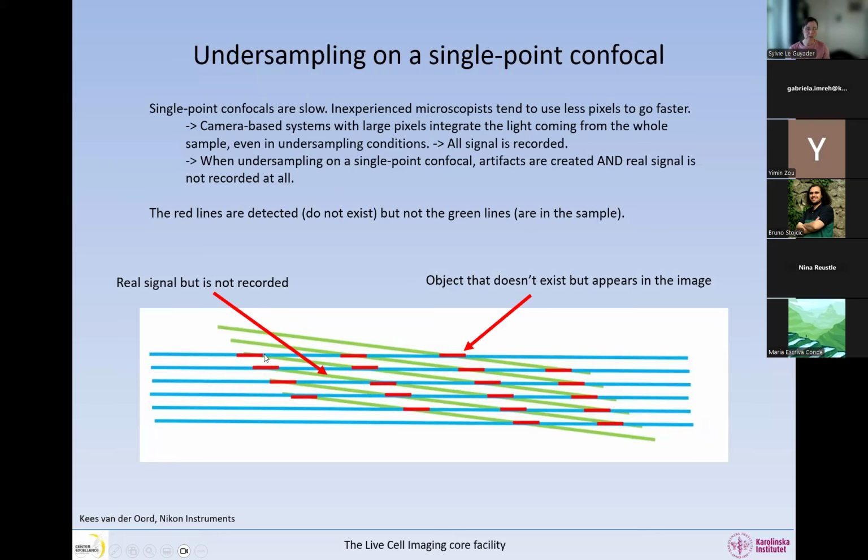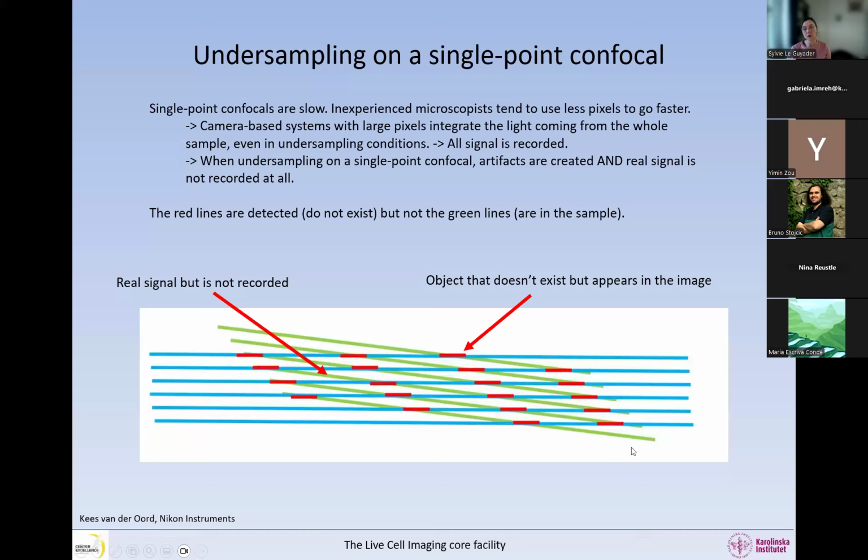So for example, in here, we sample along the blue line, so we're going to take dot, dot, dot, dot, dot, right? And now we are sampling only at this distance. So we're sampling where we have the red things. And this is our sample, it's green. And it has a certain orientation compared to the way we scan. And what we're seeing actually is these red lines.